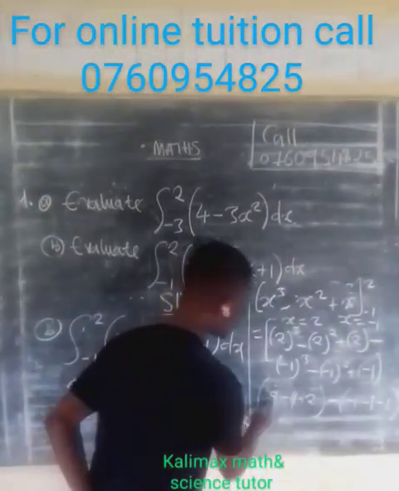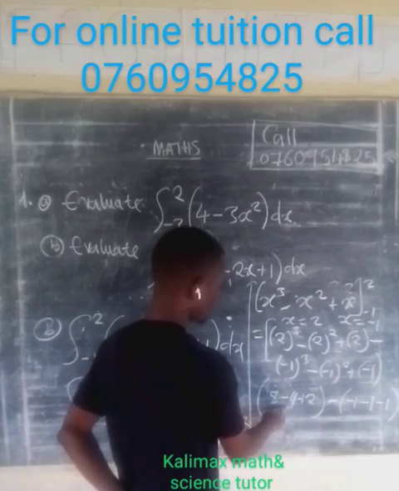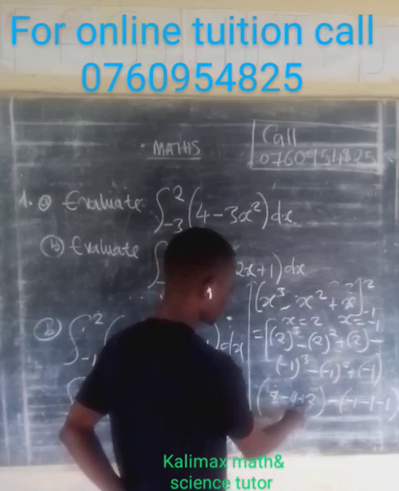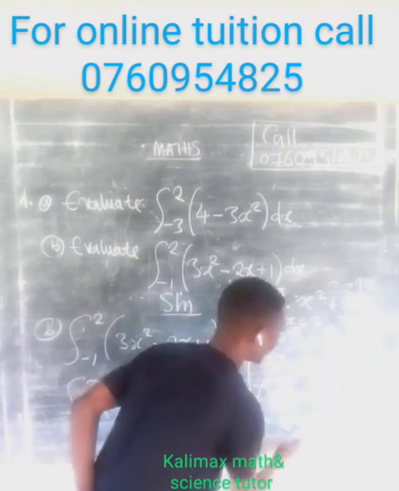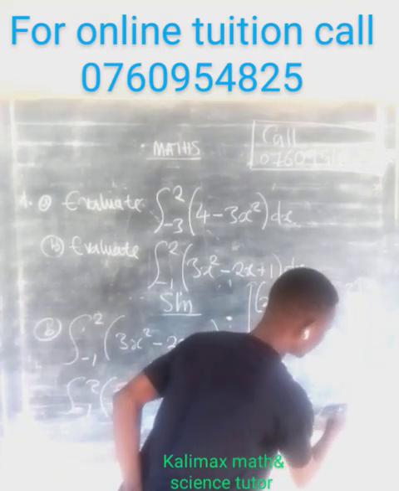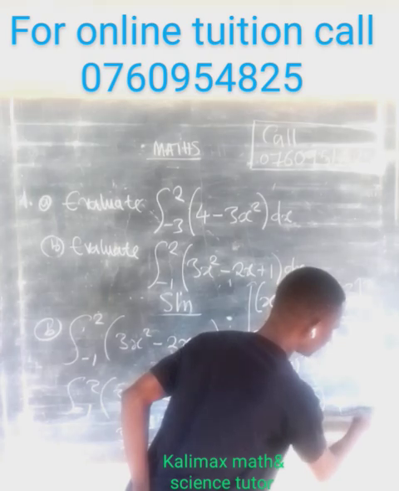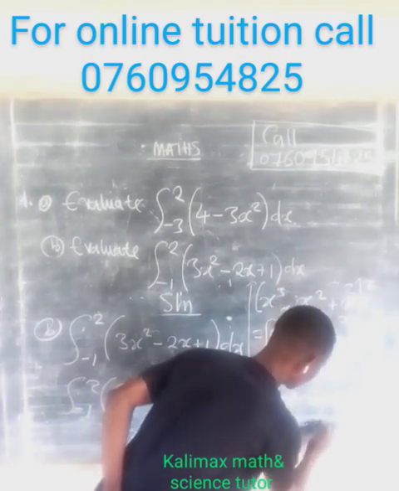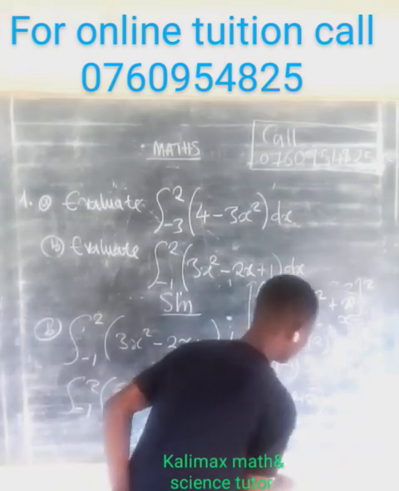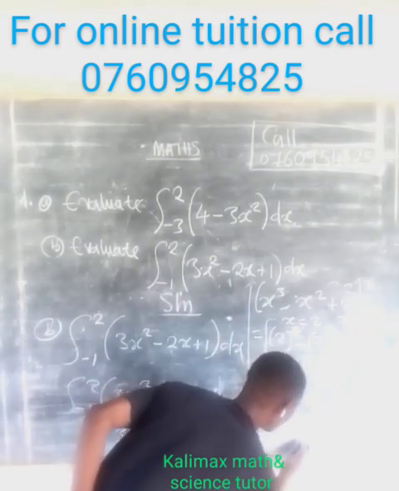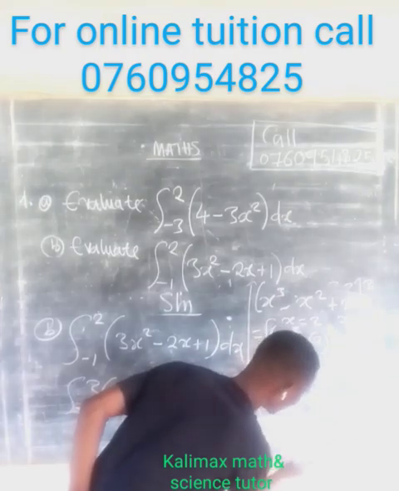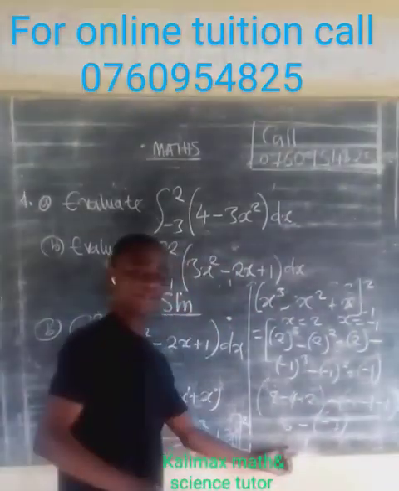So we have 6 here minus this -1 minus 1 minus 1, that is -3. Okay, so negative times negative is positive, that is 9. So the answer we are looking for is 9.